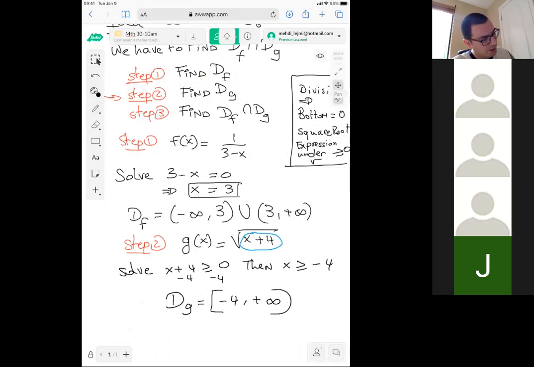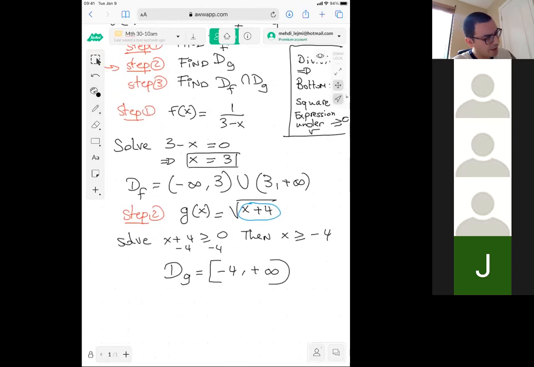Now, we are almost done. So now I can find my common domain. Step 3, I want to find d f intersected with d g, right?